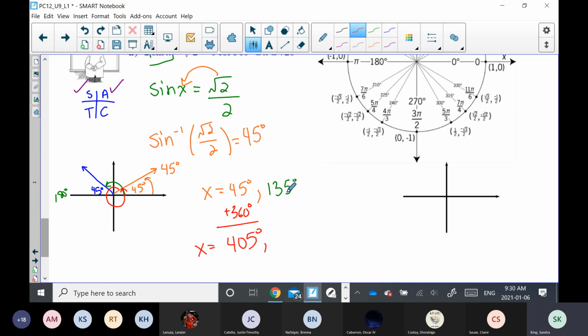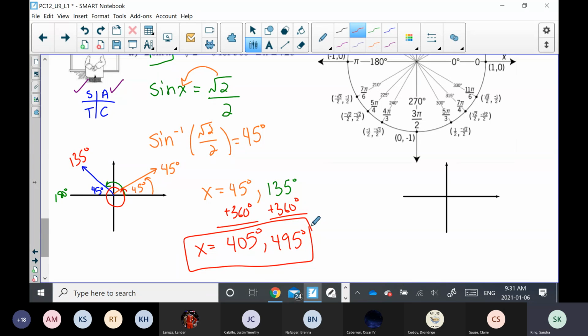Now, what's coterminal with this terminal arm, which was 135 degrees? I could either add 360 or subtract 360. I'm going to add 360 to this one. If you type on your calculator 135 degrees plus 360, we get 495 degrees. Those are my two answers.